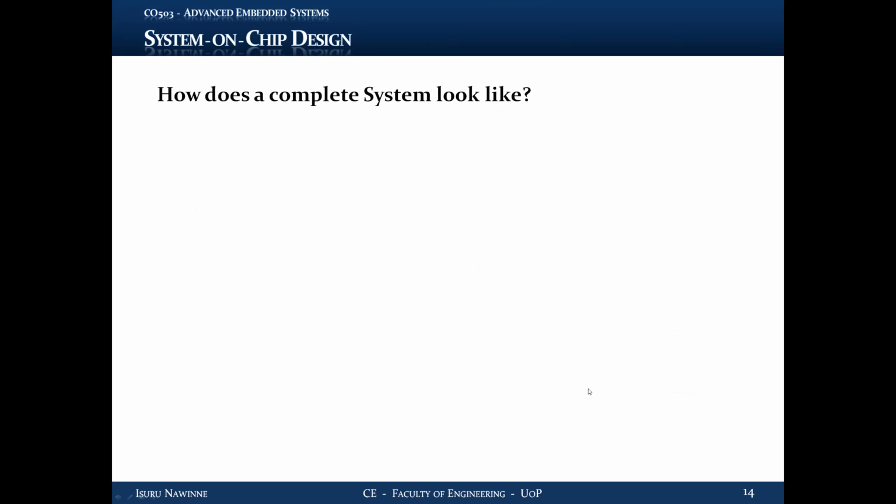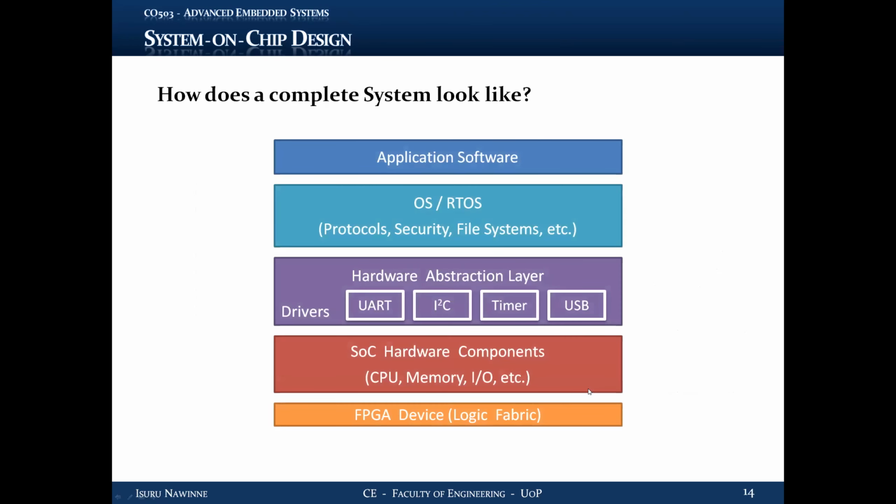Okay. So in this context, how does the complete system look? Earlier we had generic computer hardware with device drivers, operating system, and application software, right? So when these things are combined, how do they look? At the top, you have application software, as usual, algorithms converted into software programs.